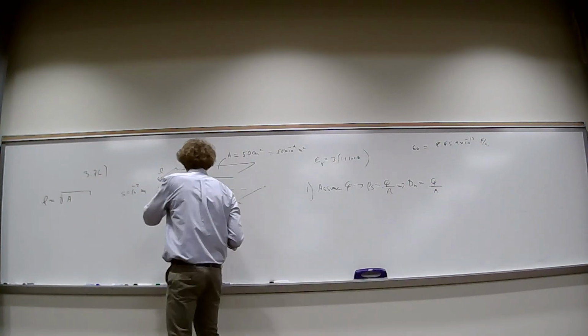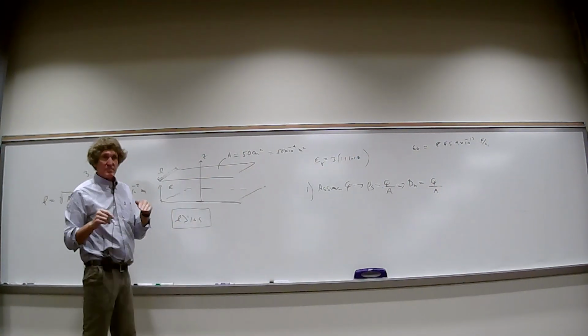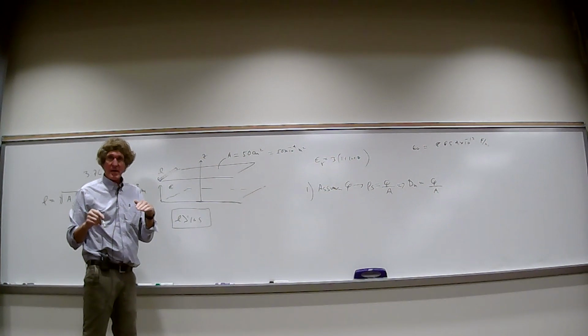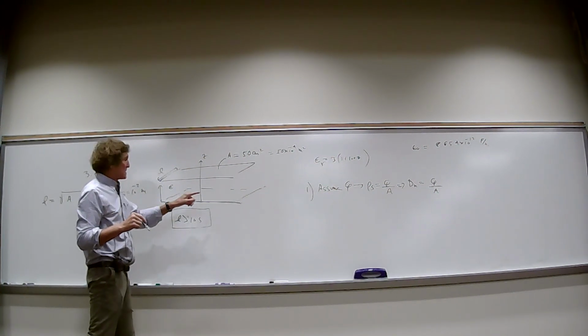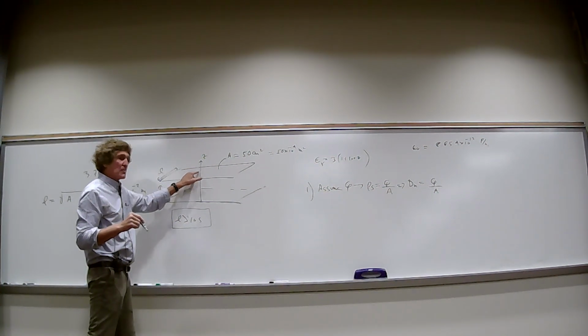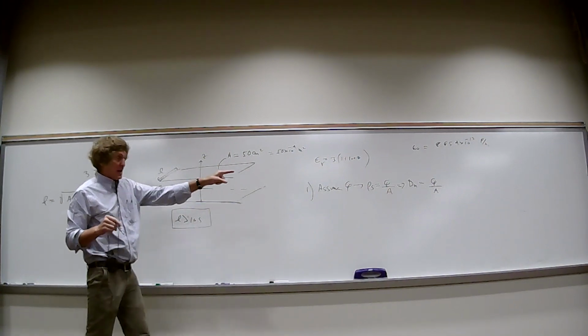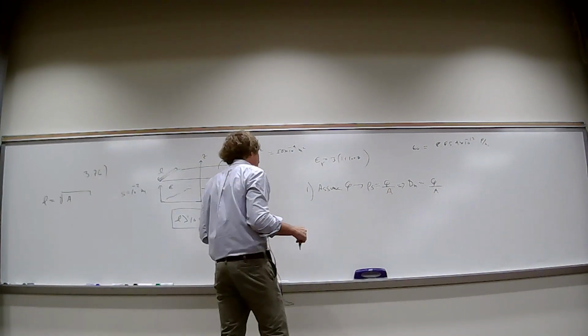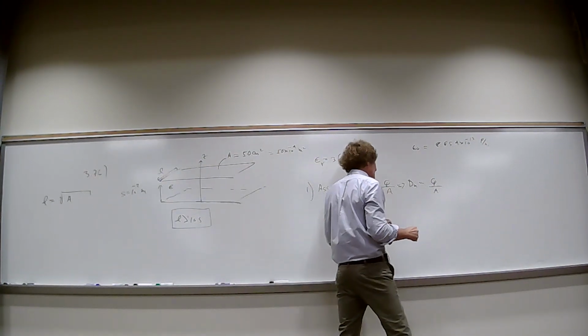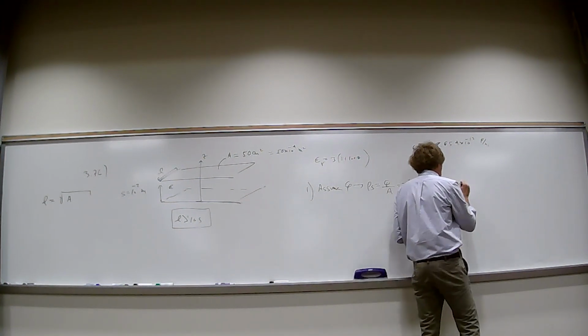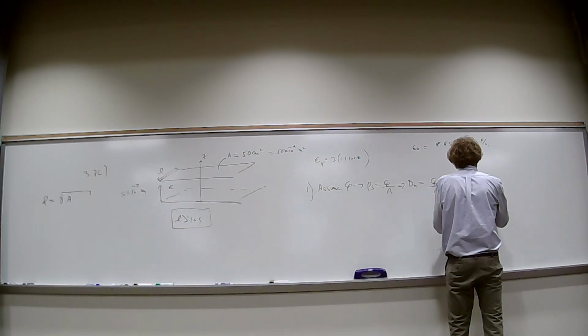Now, the D field between the two plates is not a function of epsilon. Y'all follow me? You'll see the method. This is not that tough. Because the D field doesn't vary anywhere between the plates, that's it. D normal would actually be in the z direction. I can go ahead and say that the normal component of the D field would just be Q over the area.